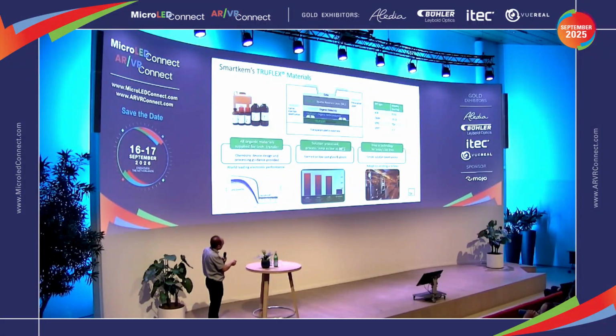One of the key features of our materials is that they are processed at a very low temperature, even as low as 80 degrees Celsius. The importance of this is that we're very compatible with a wide range of plastic substrates, whereas other TFT technologies generally require a very high temperature process for the PECVD nitride.